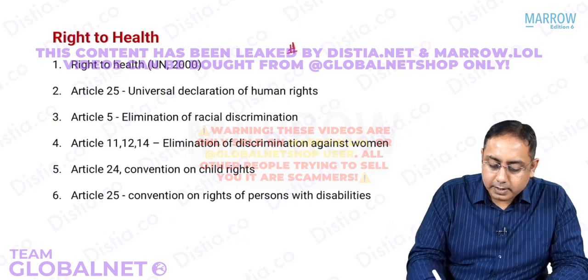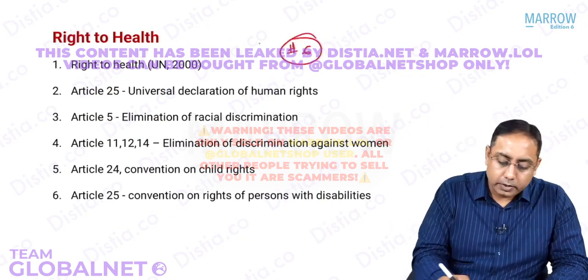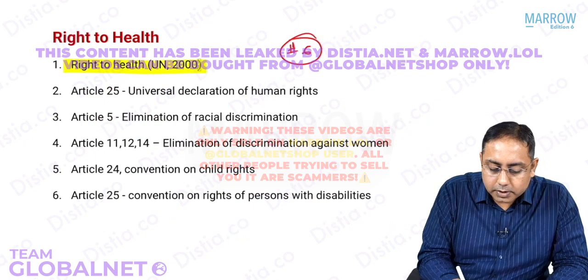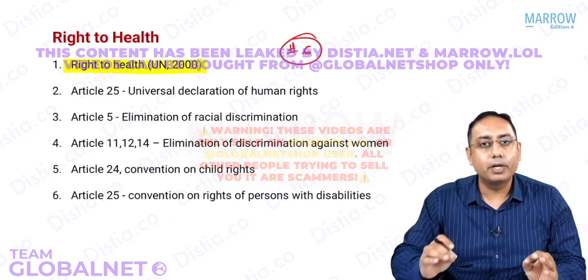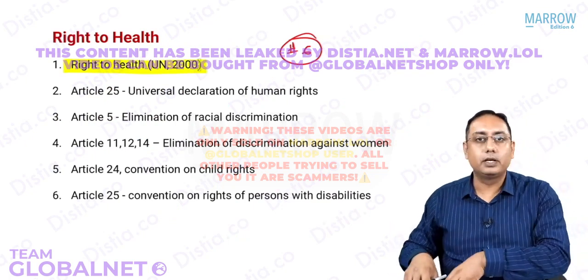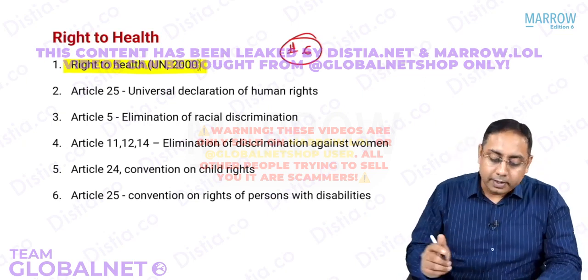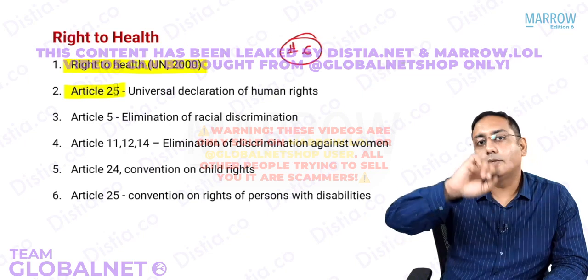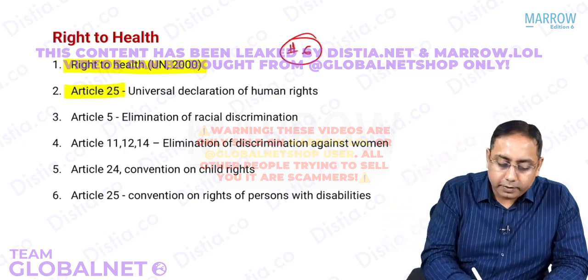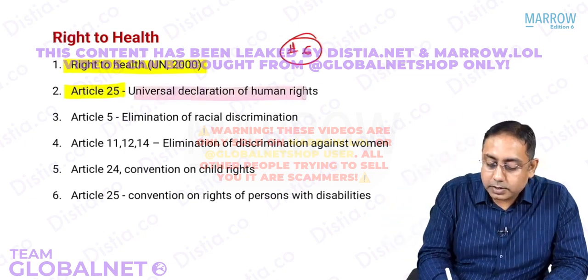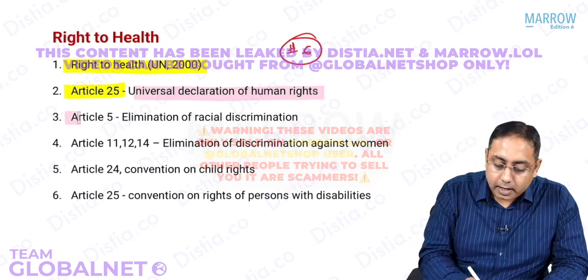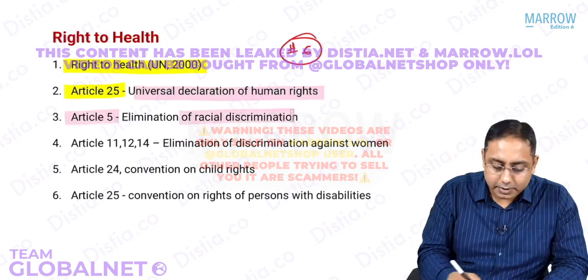Point number 6 is the right to health. The United Nations in year 2000 declared that there is something called the right to health. Every person, every global citizen of this planet will have a right to health. Then Article 25, I'm talking of the international level. Article 25 also declares about the Universal Declaration of Human Rights. Article number 5 is about racial discrimination.